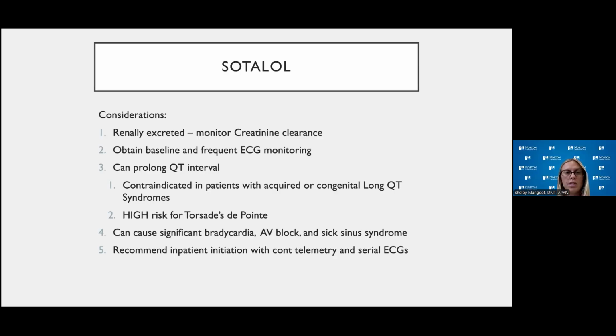You always want to obtain baseline and serial ECG monitoring when starting these patients on sotalol, and we will often admit these patients with continuous telemetry when starting sotalol because it can prolong the QT interval. And so it's very highly contraindicated in patients with acquired or congenital long QT syndromes because of how high risk it is for torsades.